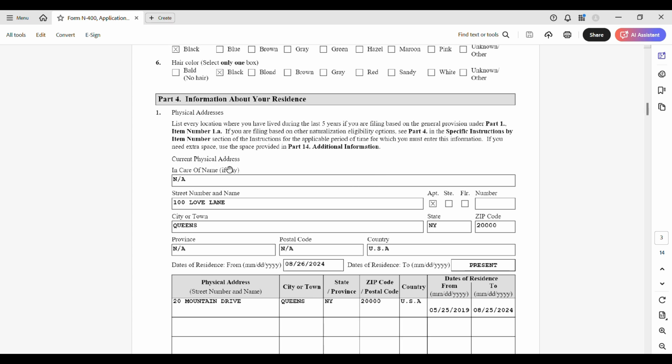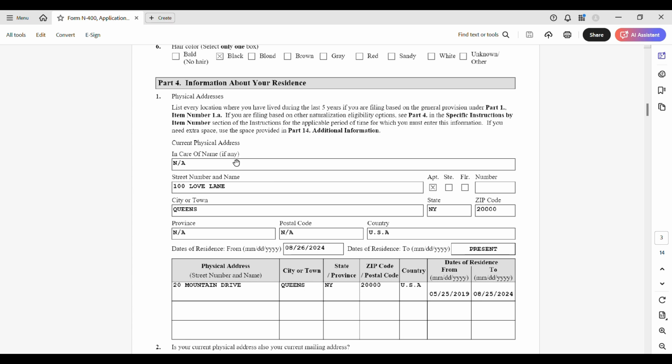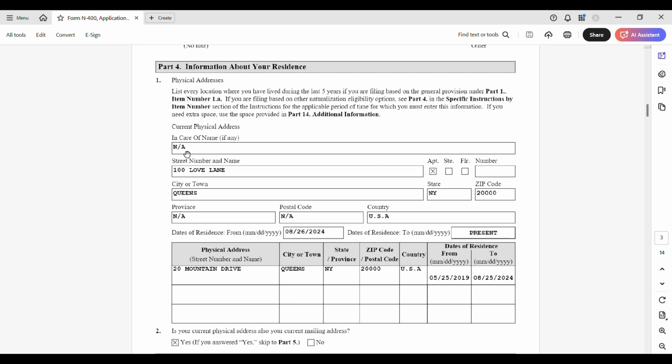Continuing, current physical address in care of name, if any. In this case, it's not applicable, so we put N/A here. Street number and name, so we place that information here.